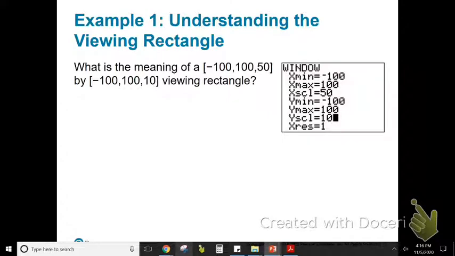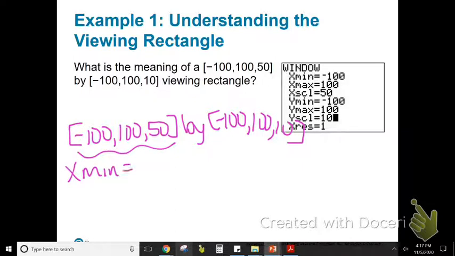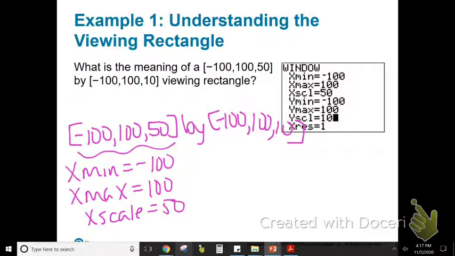All right, understanding the viewing rectangle. So what does this viewing rectangle mean? It says we have negative 100, 100, 50 by negative 100, 100, 10. So this one here tells me that my x minimum is negative 100, my x max is positive 100, and my x scale is 50.